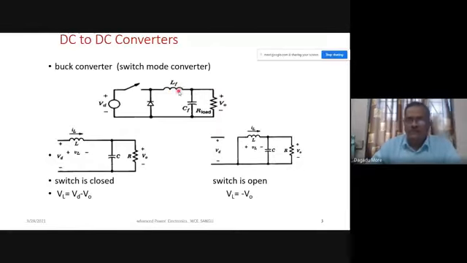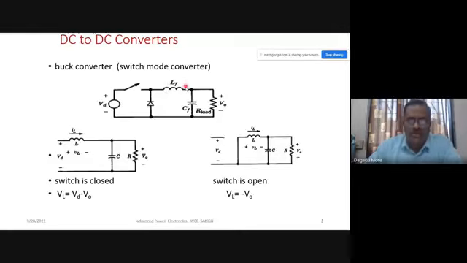That gives us a volt-second balance: voltage multiplied by duration. What are the inductor voltages during the on time and the off time? The average voltage across the inductor should be 0 over a cycle time.